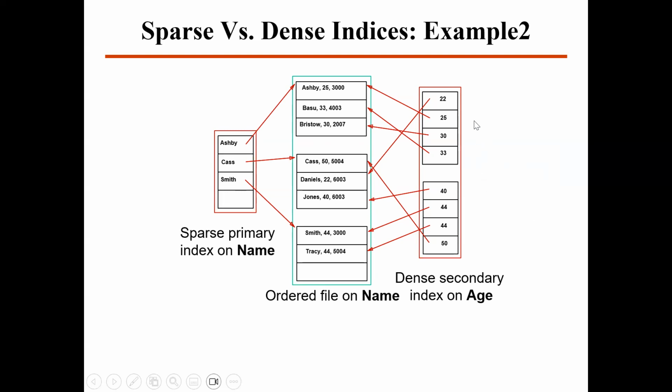Now here it has one more index, which is created on age. Age is not a primary key here, so it is repeating, right? So the secondary index is connecting each entry in the index file with each record in the data file.